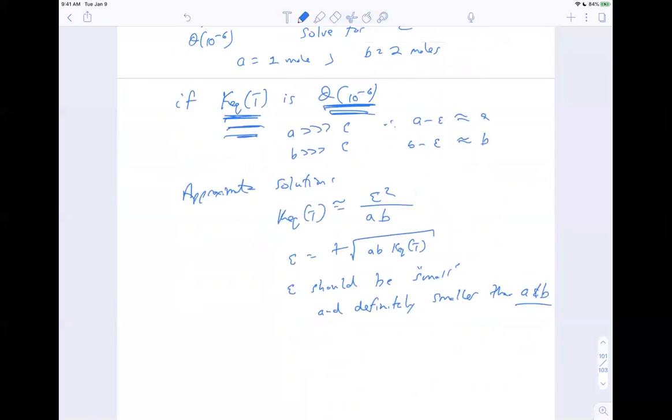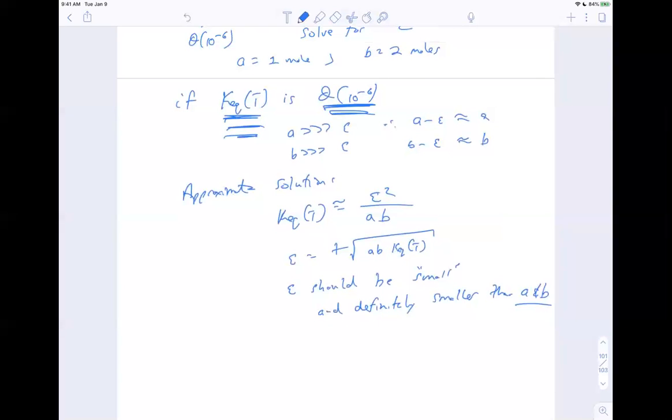So either way you choose to solve a problem like this, you should get a small epsilon, and that epsilon will tell you how many moles are left at equilibrium in the system. If you choose an approximate approach rather than directly using the quadratic equation, please state clearly any assumptions you make. You would write down that K equilibrium is really, really small, and be quantitative, meaning it's on the order of 10 to the minus 6.